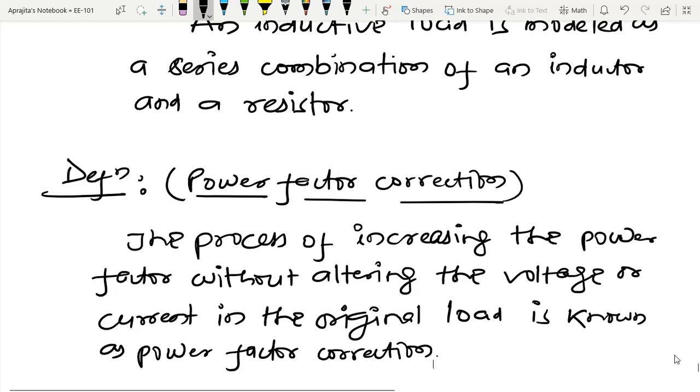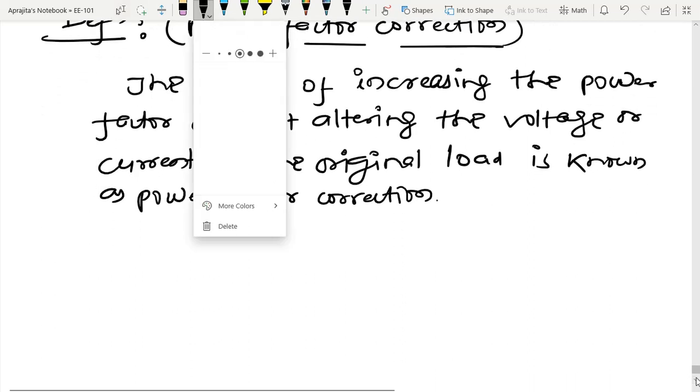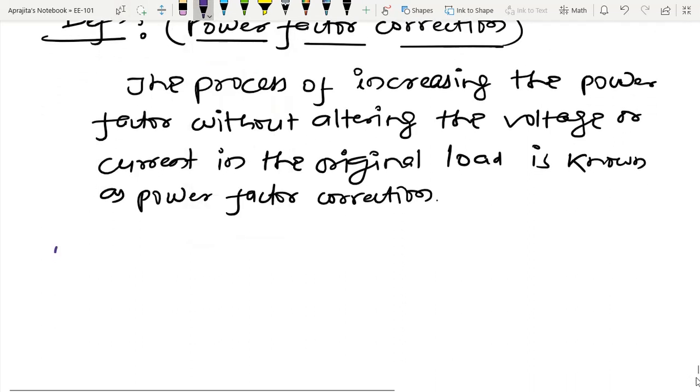So let us write that as a remark. Once we understand the definition, we will proceed to the next discussion.